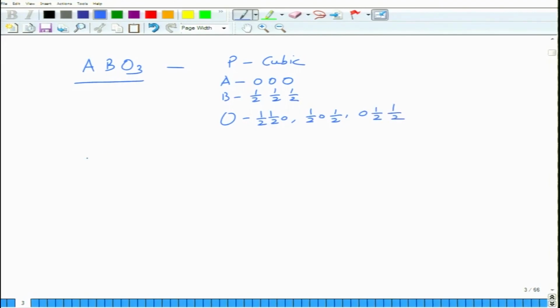But many of these ABO3 based compounds, such as barium titanate, calcium titanate, lead titanate, and bismuth ferrite, are ferroelectric in nature.